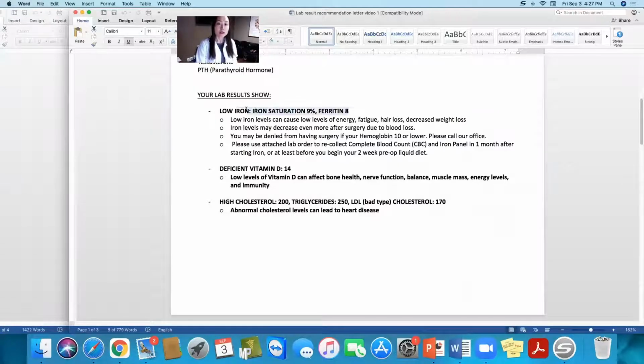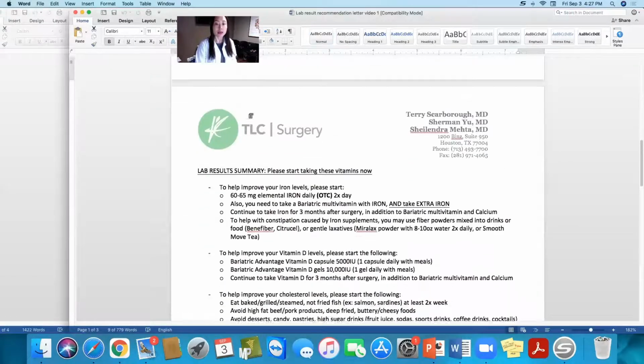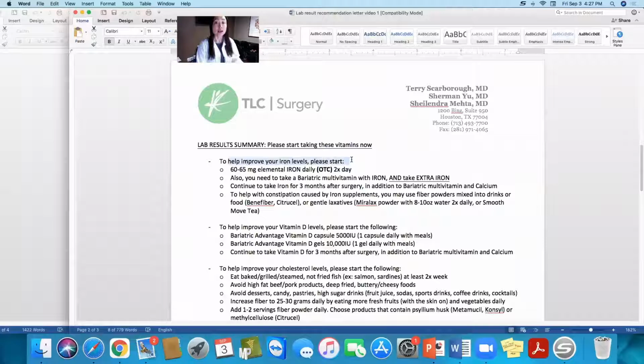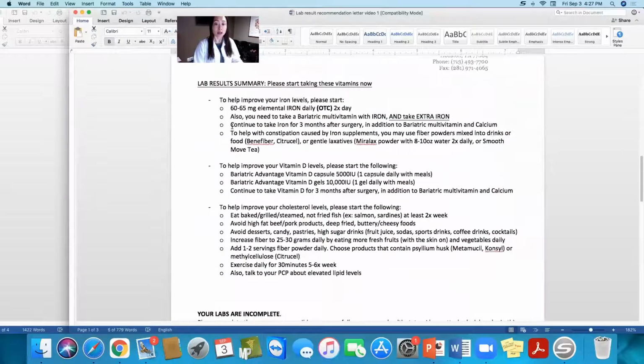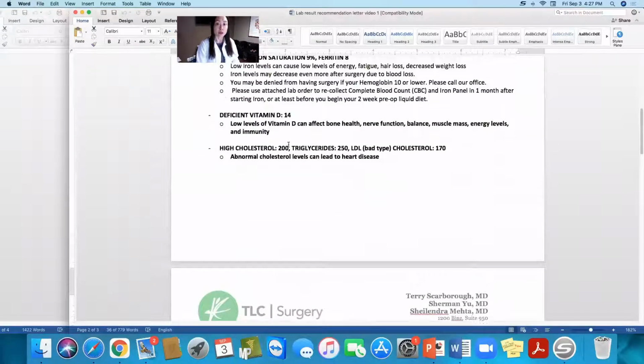So if your iron levels were low, then I might recommend that you get started on taking extra iron. If your vitamin D was low, or really low, deficient, I might recommend that you get started on the following, and I will select one of the options for your vitamin D. Here's another example. If your cholesterol levels were abnormal, they were high, what does that mean?